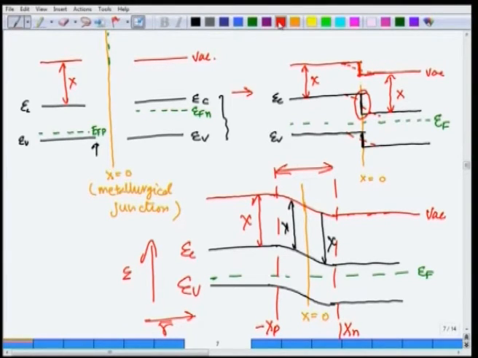One point you have to remember: if I take this as a zero reference of energy, then I have changed this end of the semiconductor by this much amount. This is typically called qV. Let me remove this vacuum level right here.